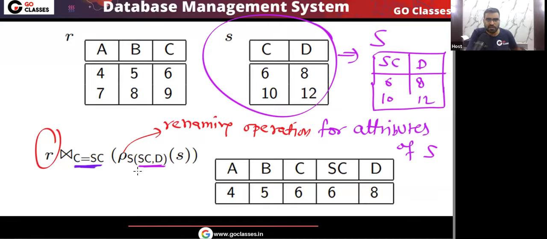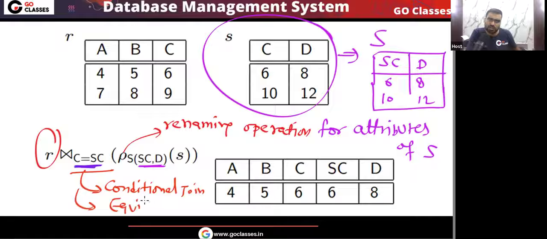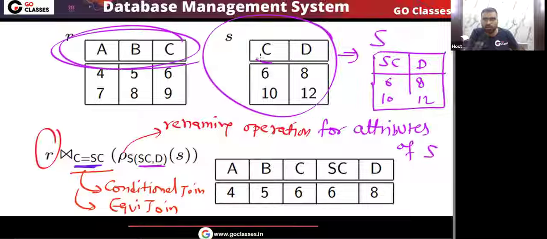Now finally, we are doing the conditional join. Because the condition is equality, remember, you can call it conditional join, that is correct. If you call it equi join, that is also correct. So finally, how many columns will be there? Three columns, two columns.